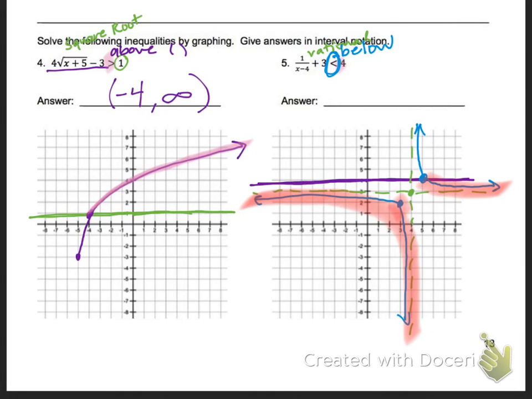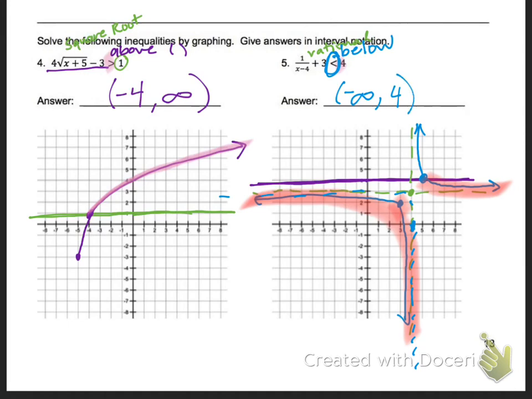Well, if I'm reading it like a book from left to right, all the way to negative infinity, it is never going to go above it in the negative direction. So, negative infinity, it stops at this asymptote, which is x equals 4.